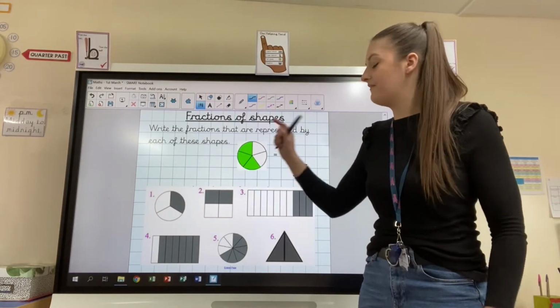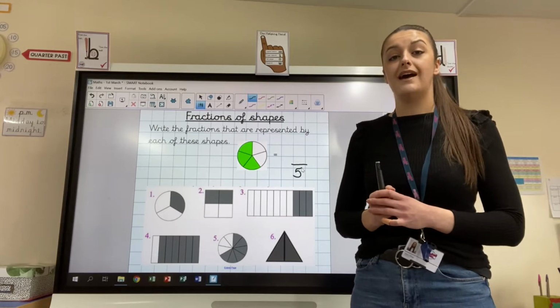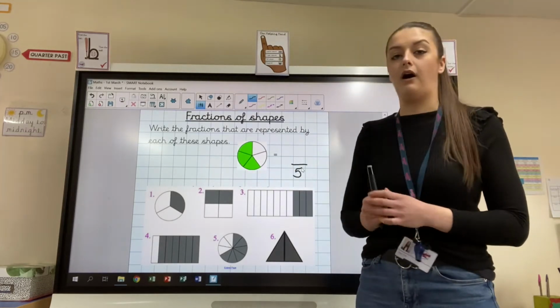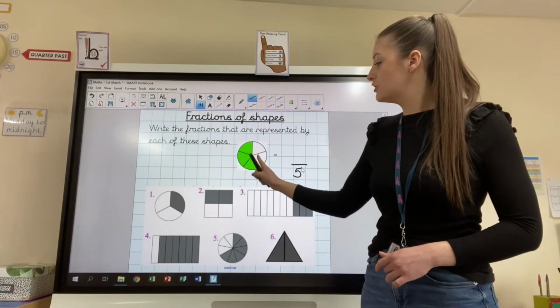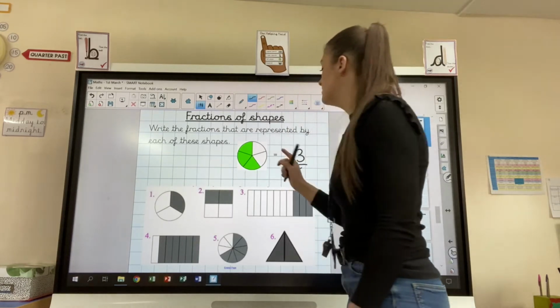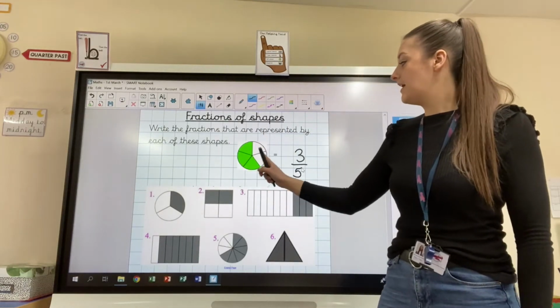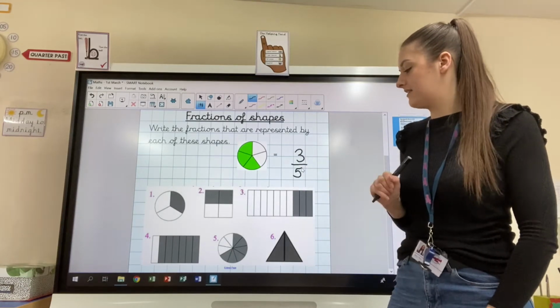You can see those 5 equal parts there. But my numerator at the top of the fraction tells me how many of those equal parts I have. And I can see there in green, I've got 1, 2, 3 of those equal parts that have been shaded in. So this shape here is showing the fraction 3/5.